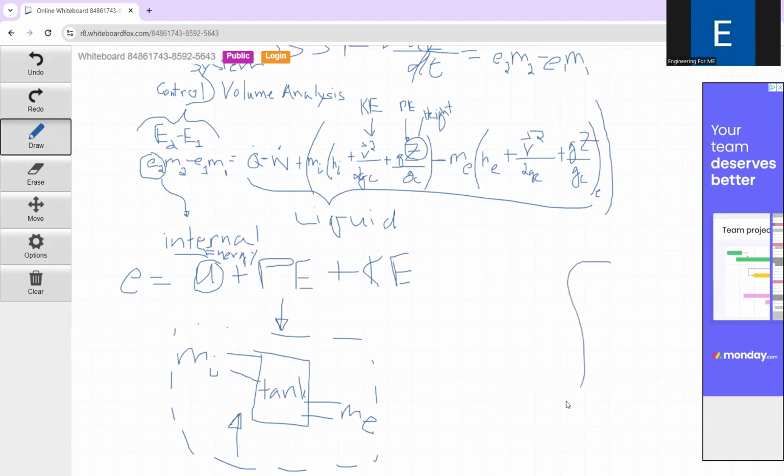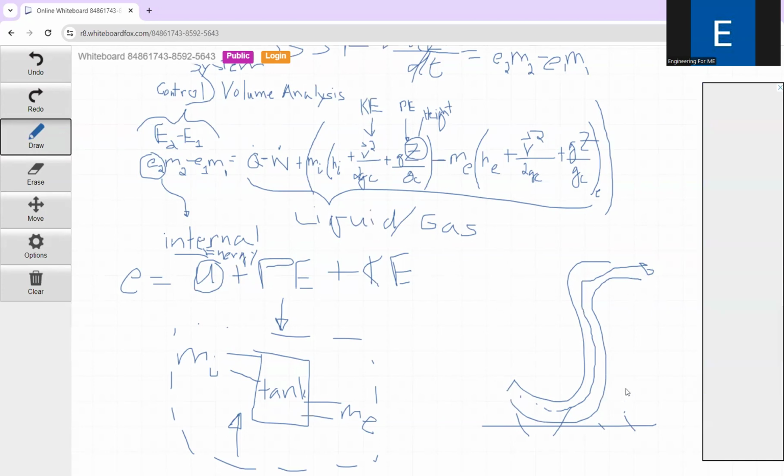However, say this is a pipe and this is grass, some nice grass. The liquid or the gas is traveling and now it's at a different height. It's either going to be liquid or gas or something. It depends. It's almost never a solid, but normally liquid or gas going through the pipe.